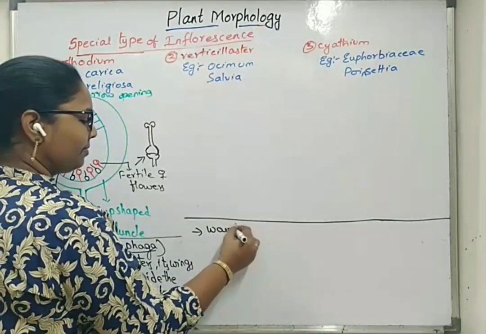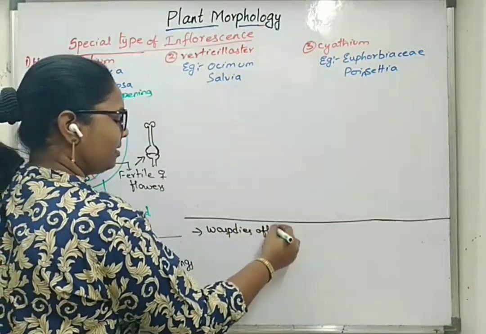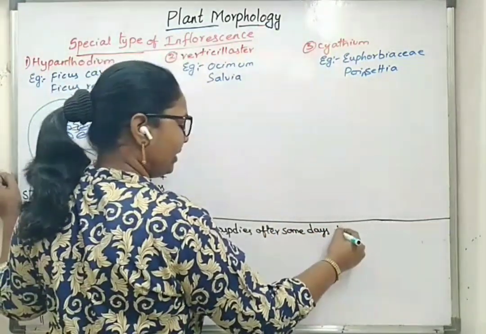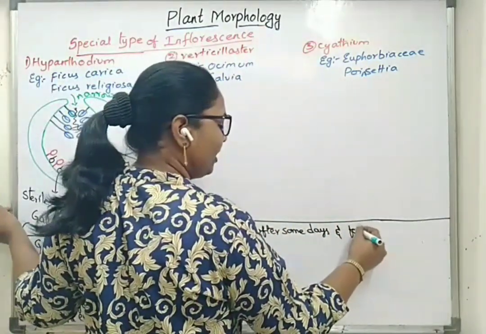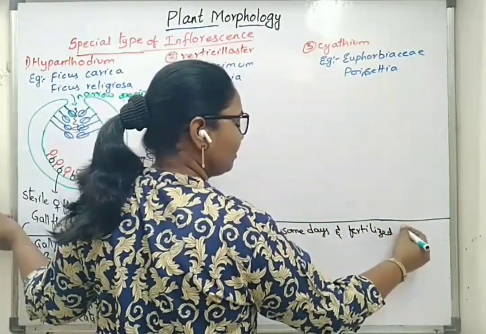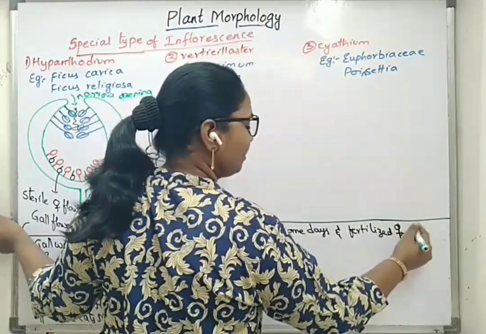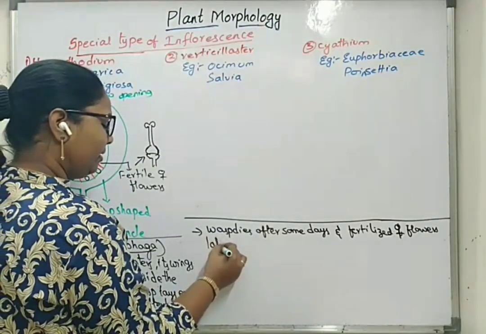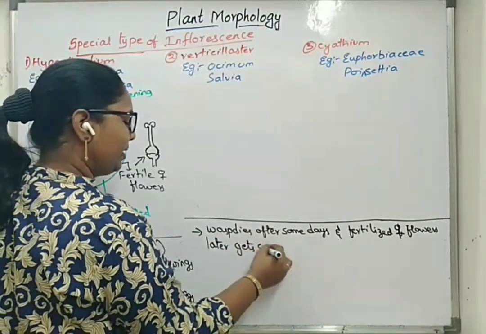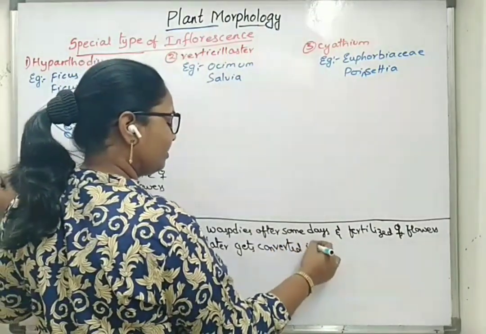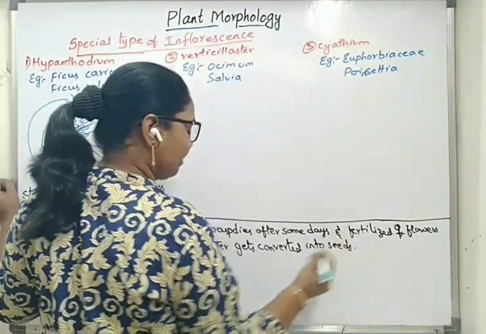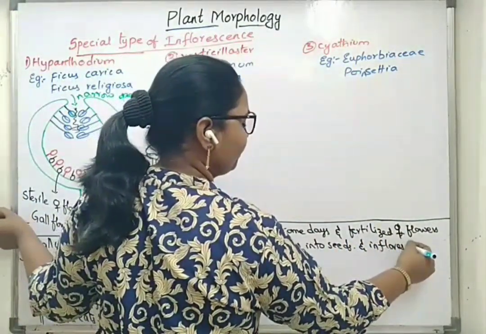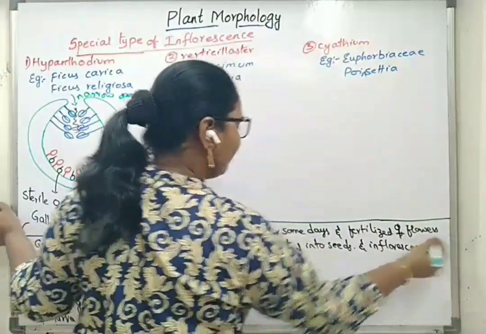The wasp dies after some days, and the fertilized female flowers later get converted into seeds and the inflorescence into fig fruit.